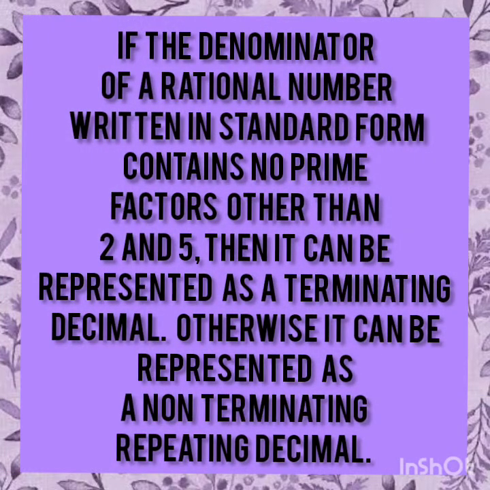And one more important thing is that if the denominator of a rational number written in standard form contains no prime factors other than 2 and 5, then it can be represented as a terminating decimal. Otherwise, it can be represented as a non-terminating repeating decimal.